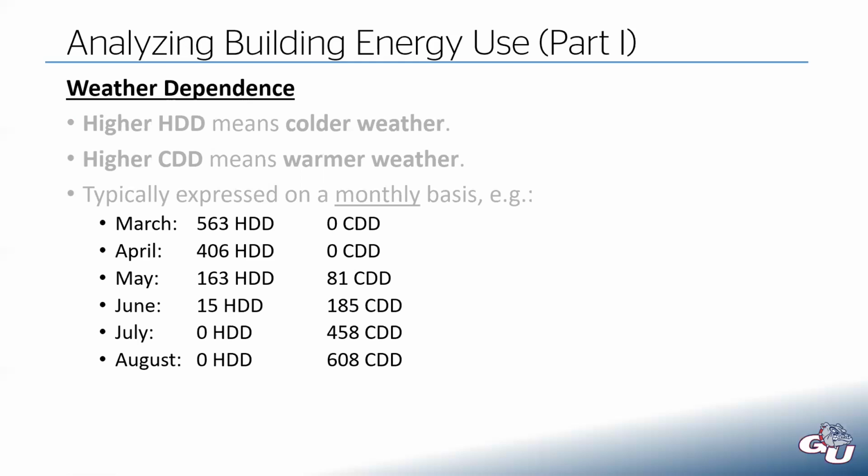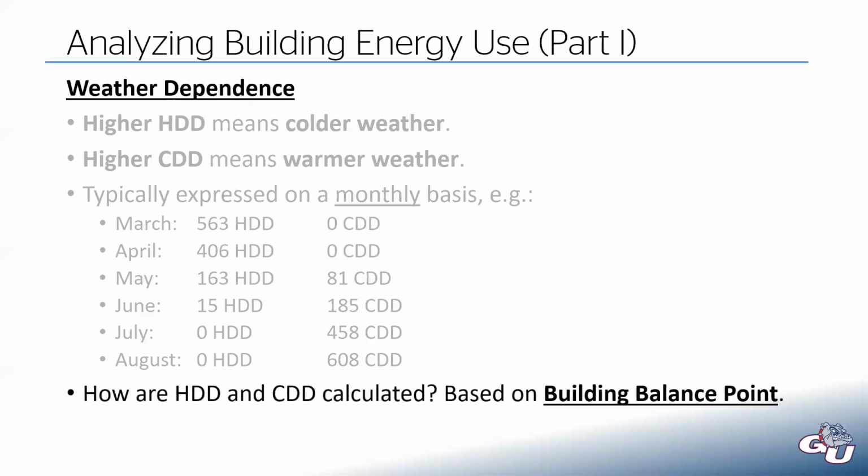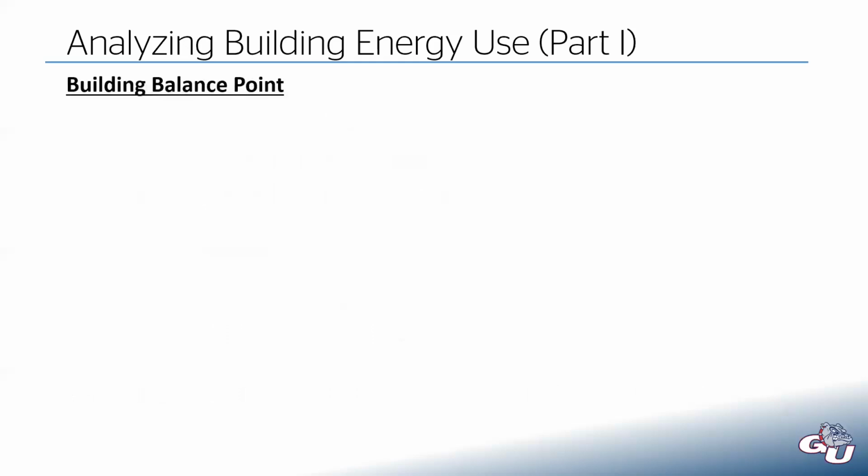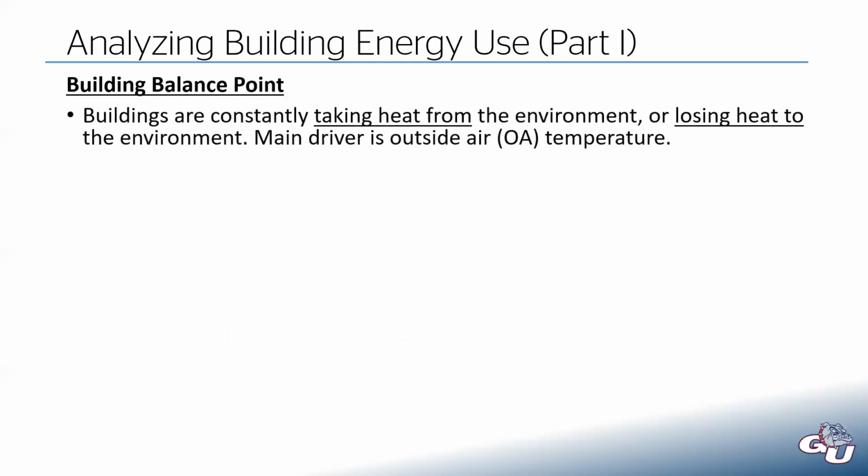So that's what heating and cooling degree days are, but how do we calculate these numbers? And this is all based on what's called the building balance point. Anytime you have a building, there is a constant transfer of energy.